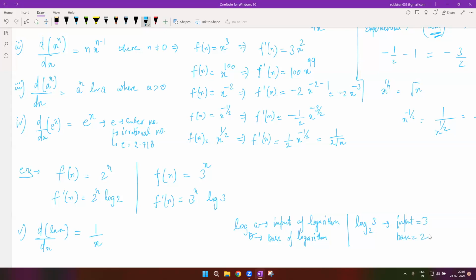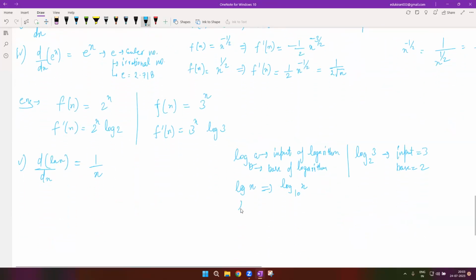Now, if I write just log x, I am not writing the base, which means the base is assumed to be 10. But if I write ln x, it means the base is e.